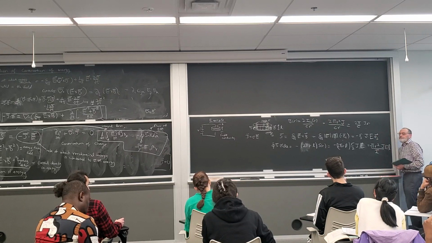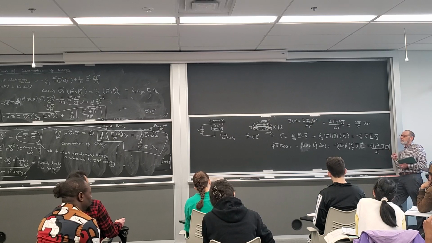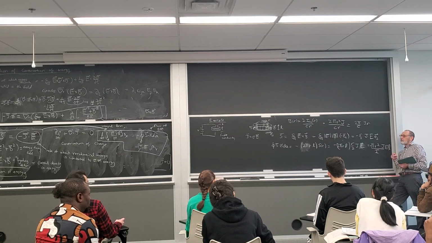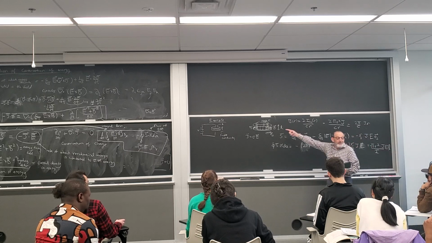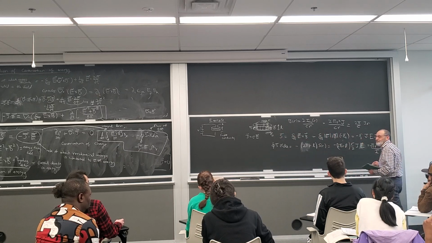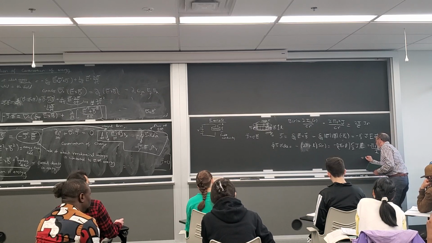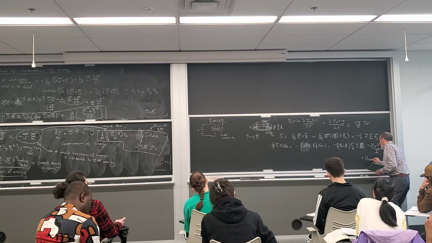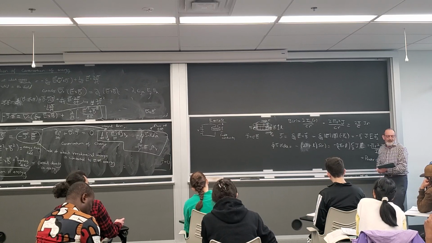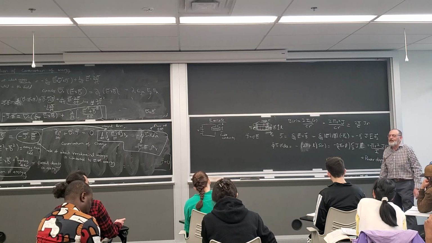J times pi r squared is the current flowing through this. And what's E times L? That's the voltage across this thing, which is equal to the power dissipated, which you know from freshman physics, or high school physics, or something like that, right?